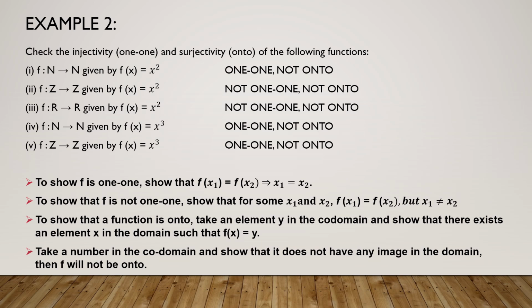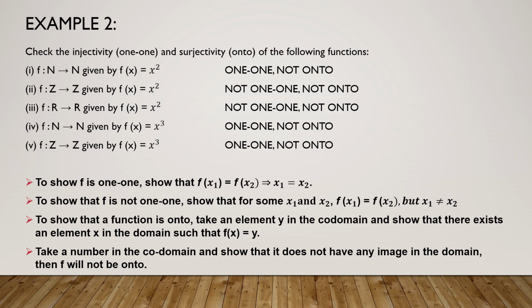So 4 is equal to 4, but that does not imply that 2 and minus 2 are same. So I have shown that if f of x1 is equal to f of x2, it does not necessarily imply x1 and x2 are same. So it is not 1-1. Now it is not onto by the same logic as we discussed previously. Suppose I take an integer 2, then there is no integer whose square is equal to 2.